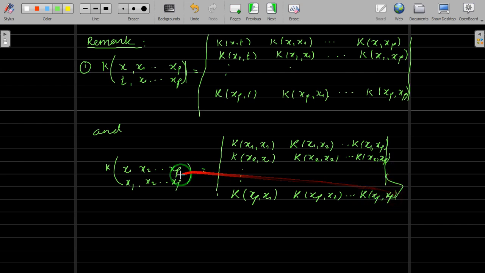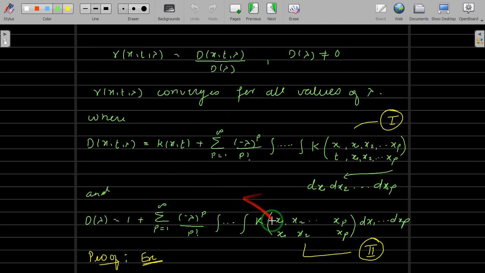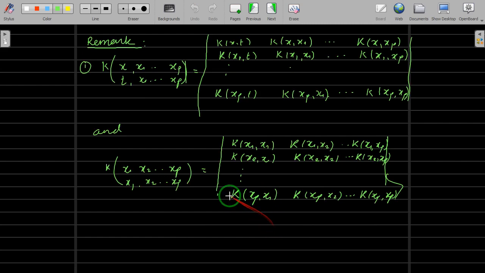This is how you will have the first k in your first equation and the k in your second equation.